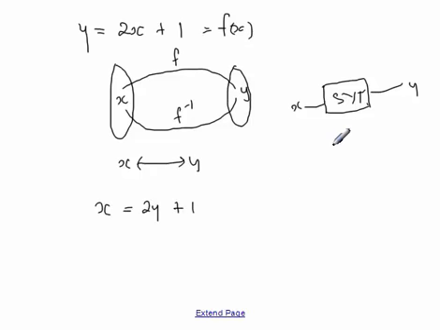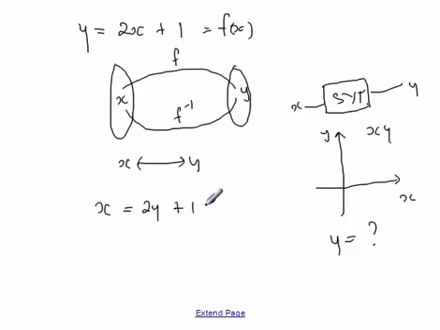But functions are plotted on the xy system of coordinates, and that dictates that I must have my functions always expressed as y equals something. Is everybody at that point? Okay. So now here I must express this as y equals something. So what do I do?